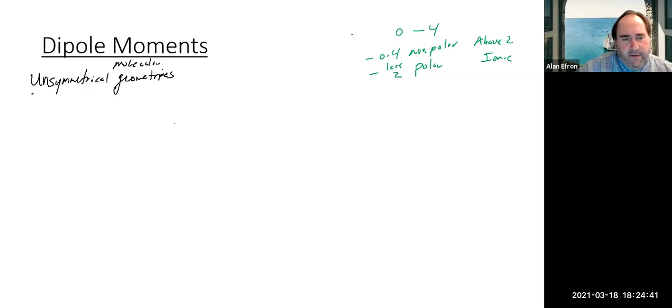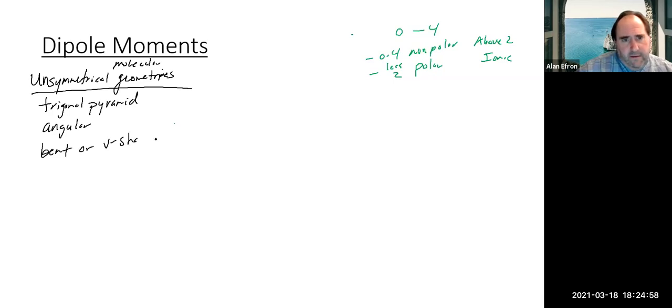These are things like perhaps trigonal pyramid, angular, bent or V-shaped, square pyramid, little seesaw.